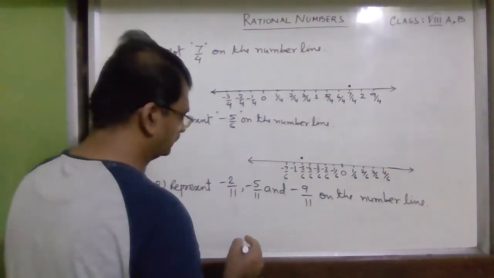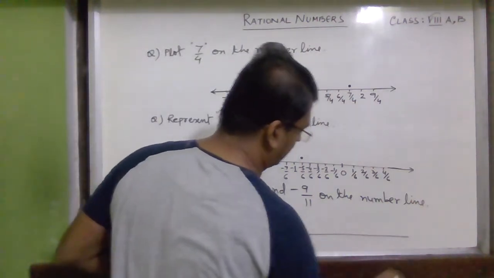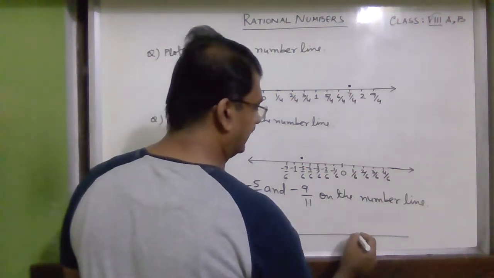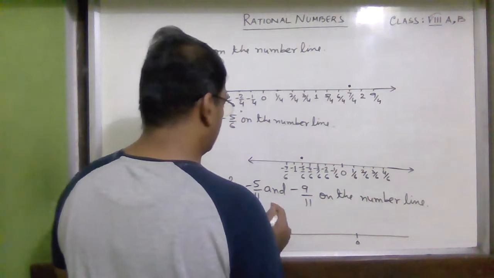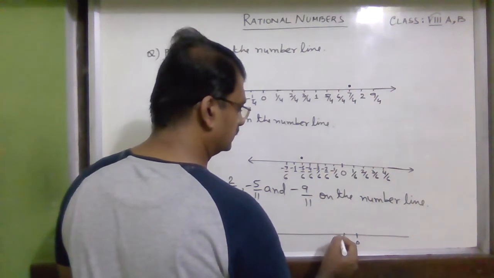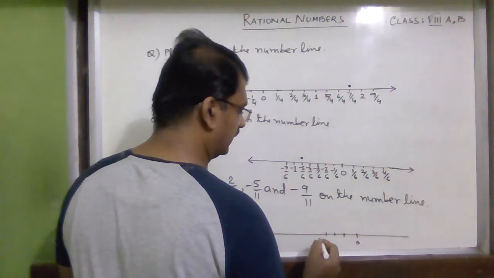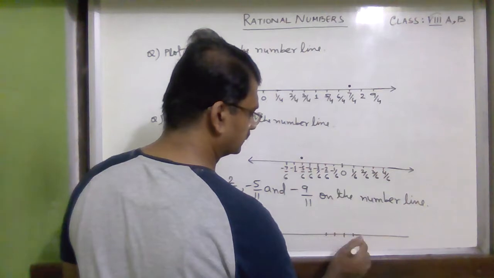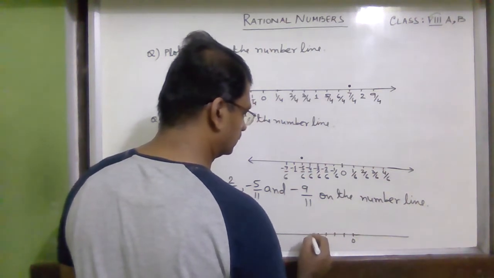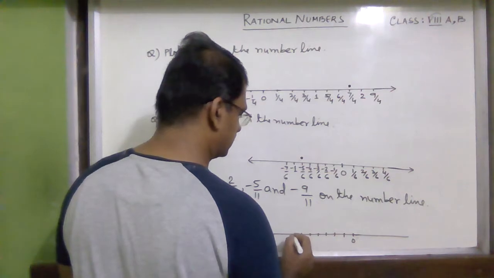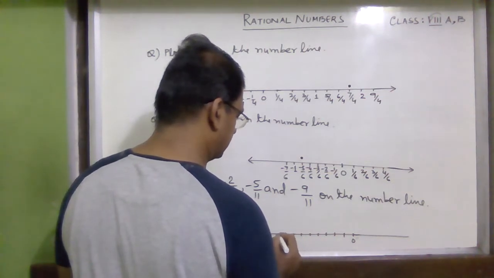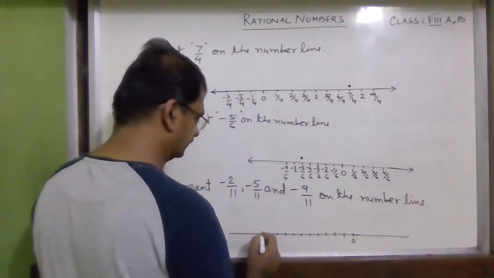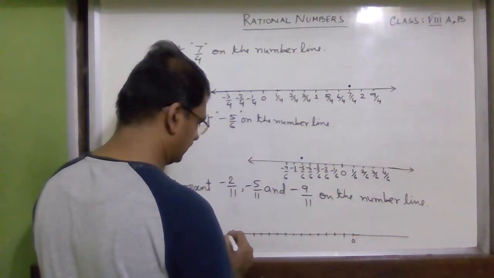So now what we do, first of all, draw a straight line. Now as all the numbers are negative, so we need more space on the negative side. So 0 here, 1, 2, 3, 4, 5, 6, 7, 8, 9, 10, and so on.